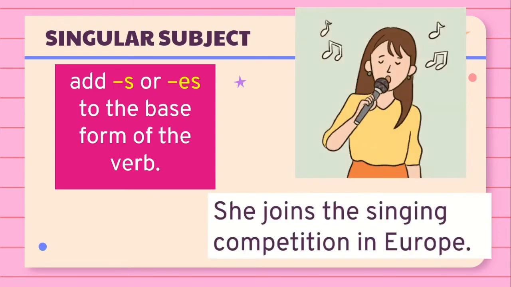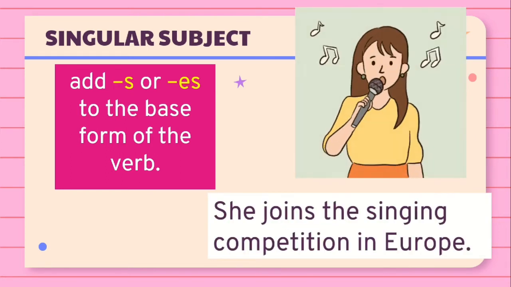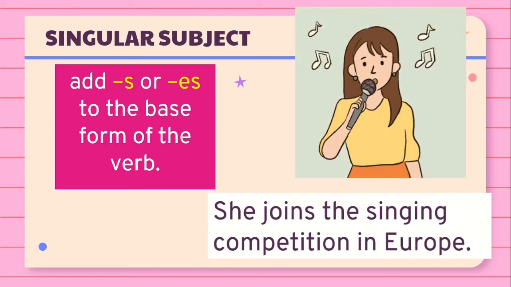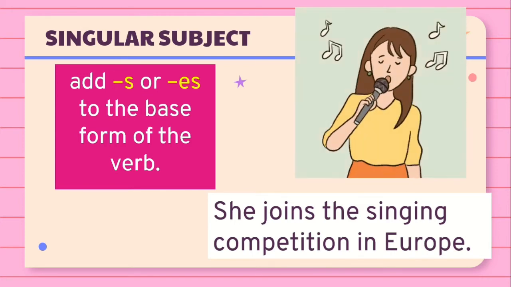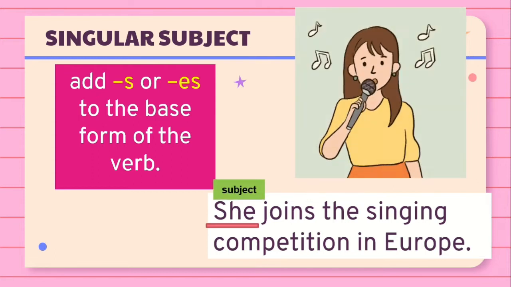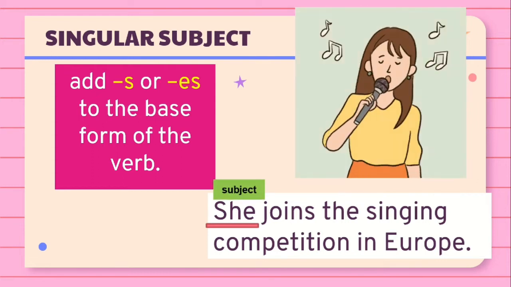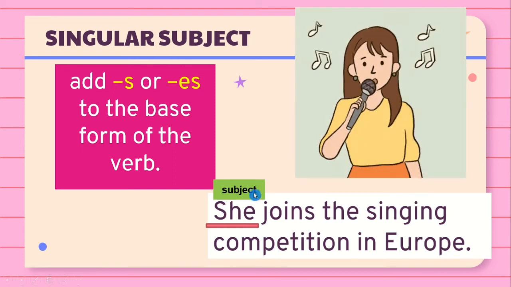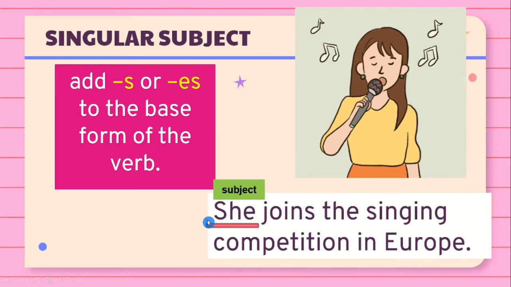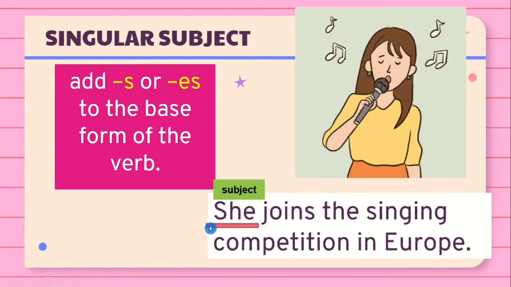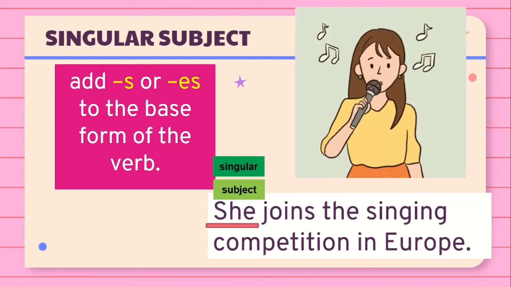So now let's move on to our second sentence. So we have here, she joins the singing competition in Europe. So in our sentence here, we consider she as the subject in the sentence. She is the one who acts the action joins. And then since we are only talking about she in the sentence, then we consider she as a singular subject.